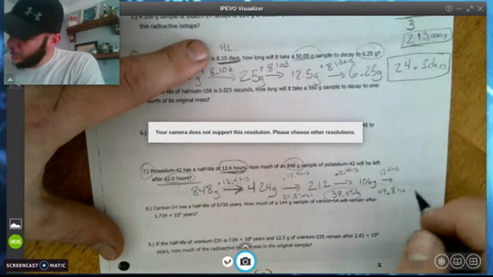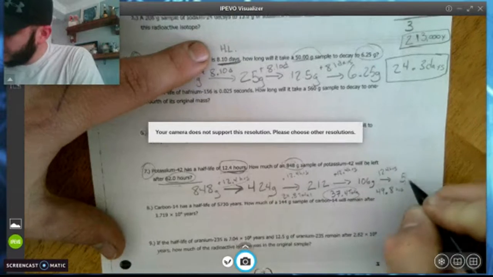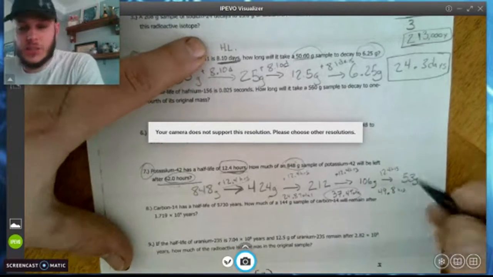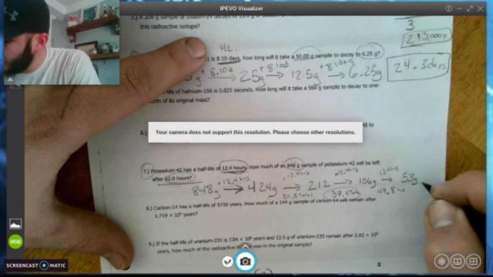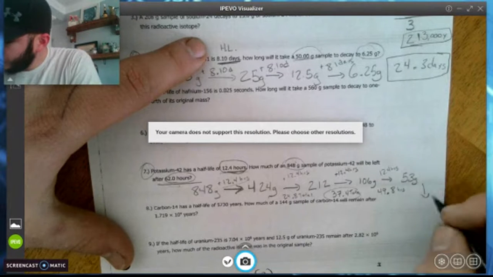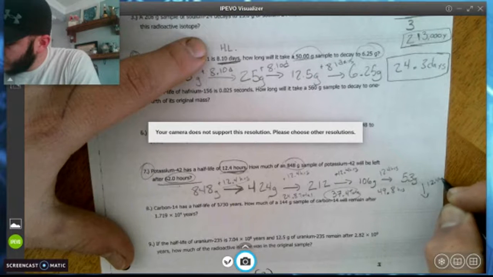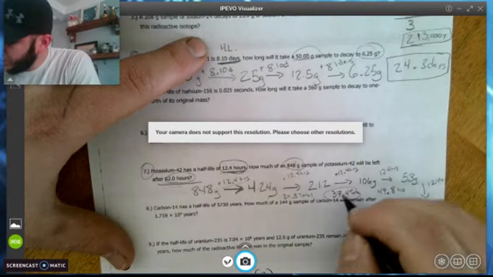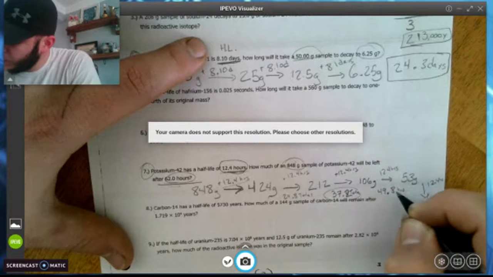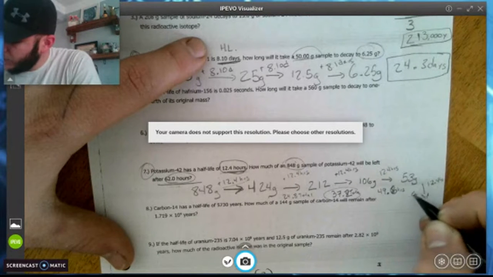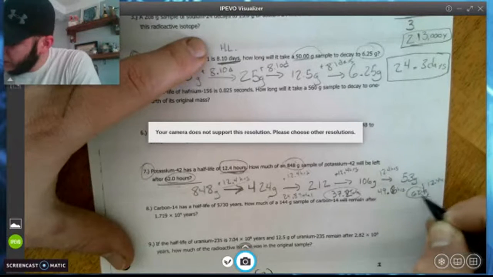With that said, cut this in half again. 53 grams. Still not at 62 hours, so I add another 12.4 hours to reach... Oh, that's where I messed up. This was a 2, that means this was a 6. There we go. That's going to be the completion.